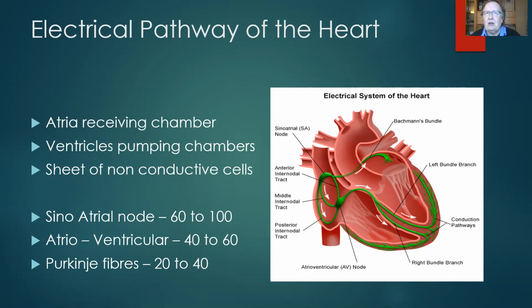There's an internodal delay, so the time for the ventricles to fill up completely, and then the AV node passes that message down to the ventricles. Now, above the sheet of non-conductive cells is called supraventricular, supra meaning above in this case.